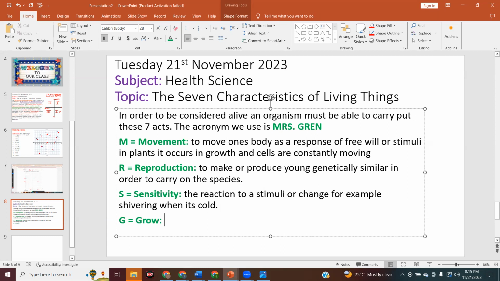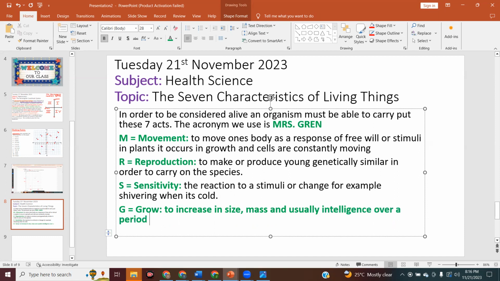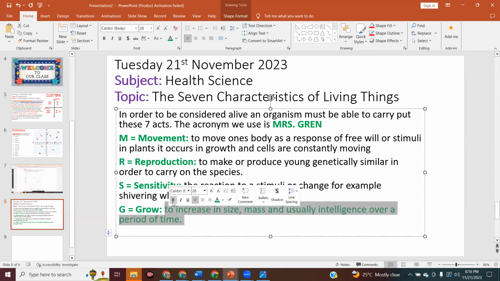What growth means? To increase in size, mass, and usually intelligence over a period of time.